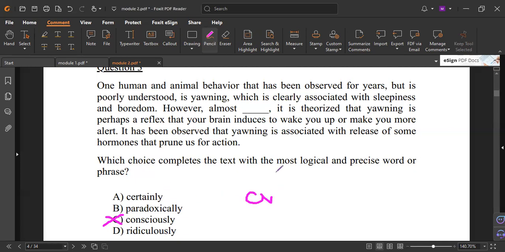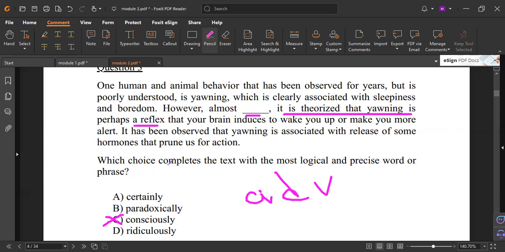All of these adverbs. What does the adverb describe? That's it. He said here, however, almost what? It's an adverb to describe the action that's happening here. He said consciously. It does not describe yawning is perhaps a reflex.